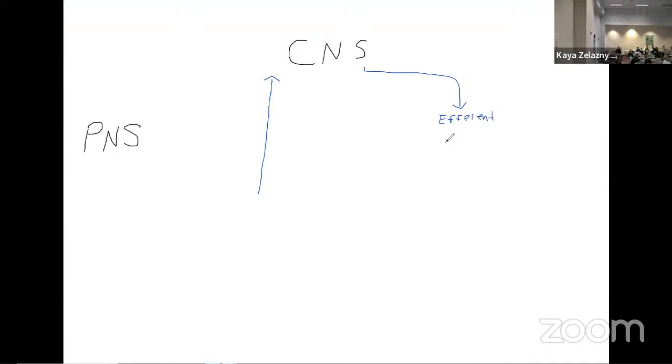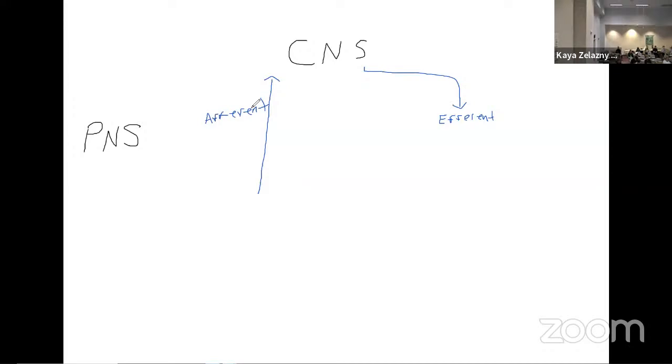Which means that on the other side, that's where our afferent nerves have to go. So these are our sensory nerves. Okay, so anything that you're sensing out in the world coming in is going to be riding on an afferent nerve.